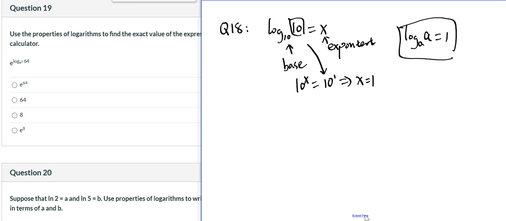How about 19? 19 looks complicated. We want to find out the exact value of e to the log base e squared of 64.